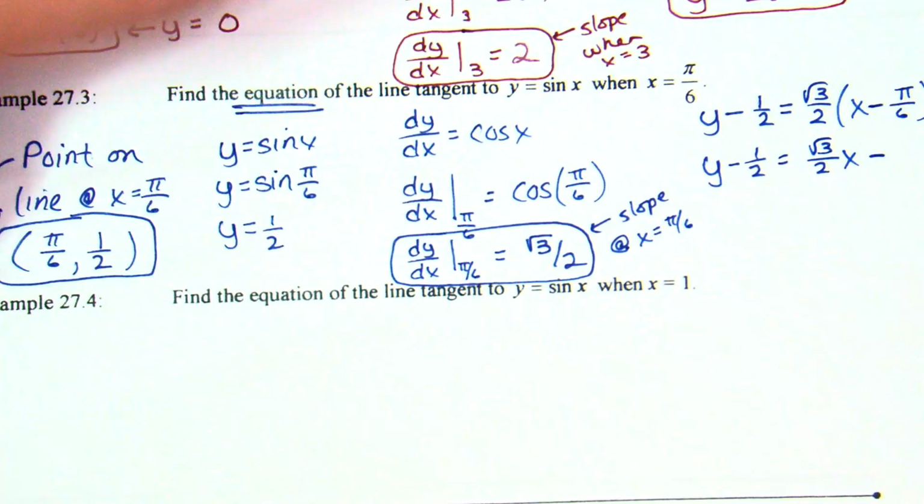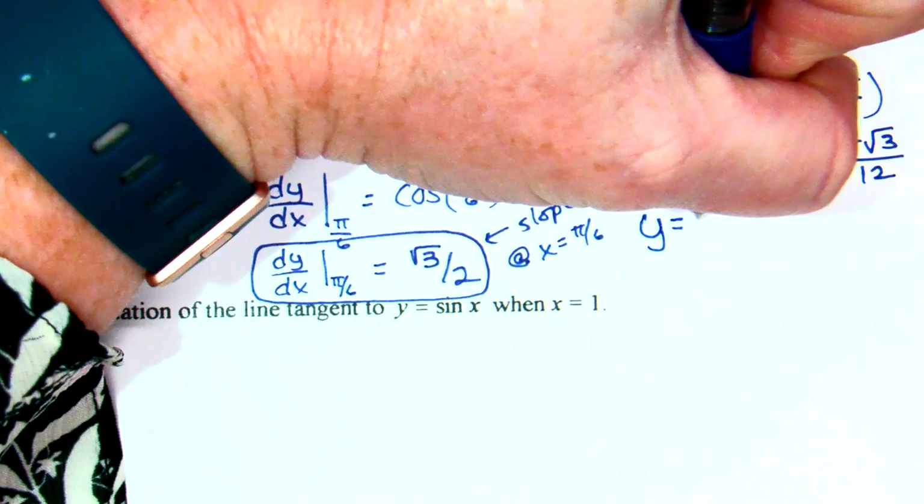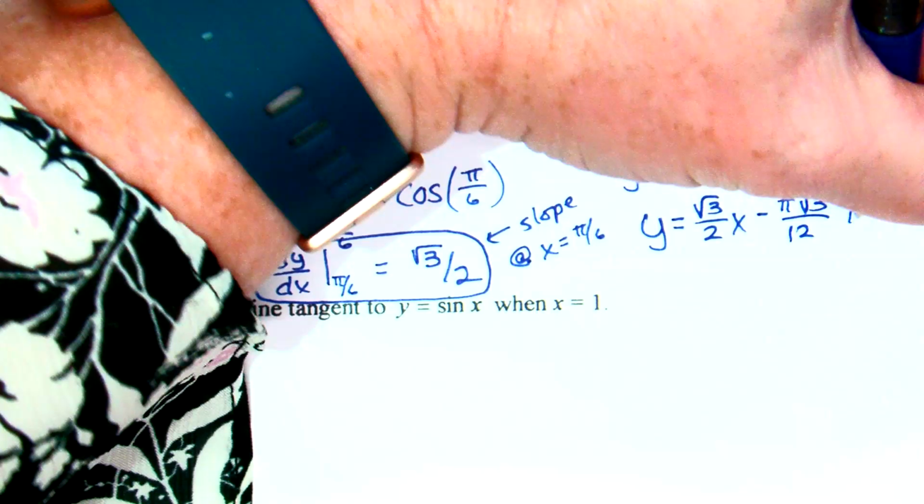How do you feel if I say pi square root of 3 over 12? And then I need to add over the 1/2. Yeah. So y equals square root of 3 over 2 x minus pi radical 3 over 12 plus 1/2.